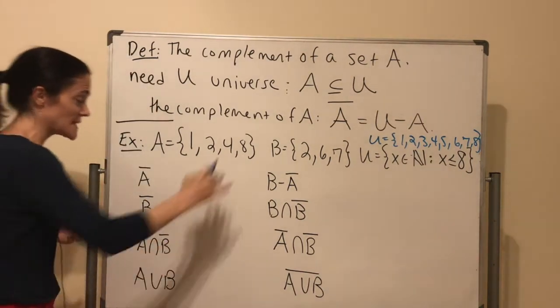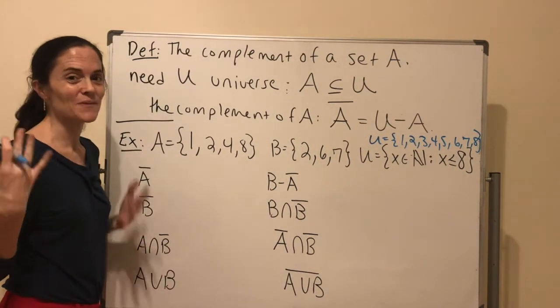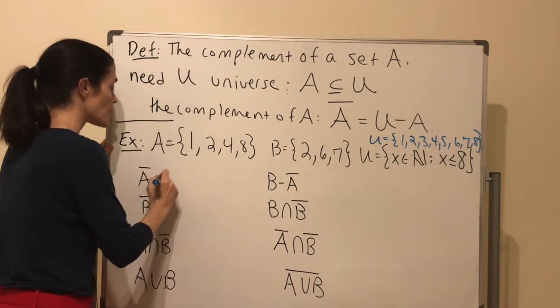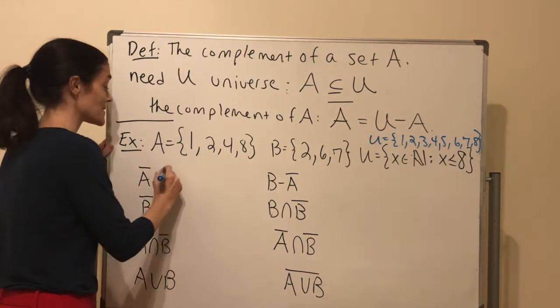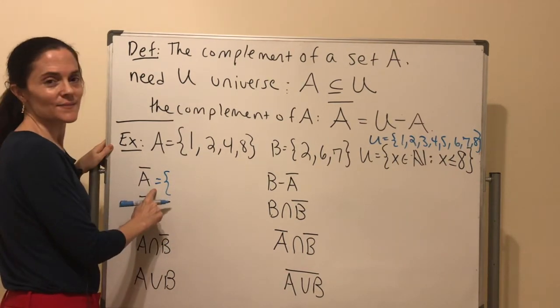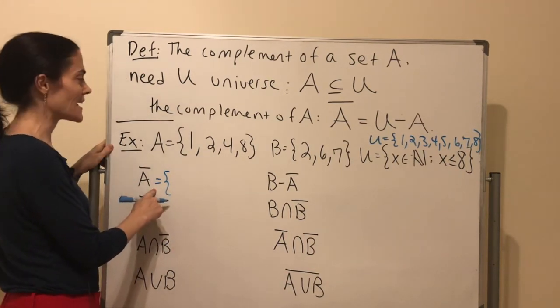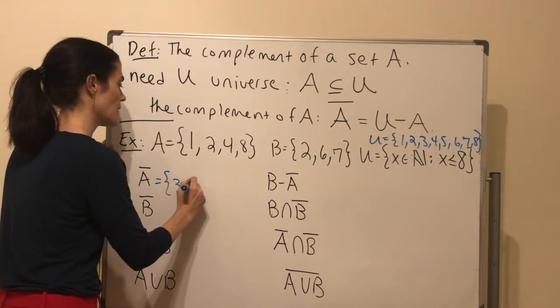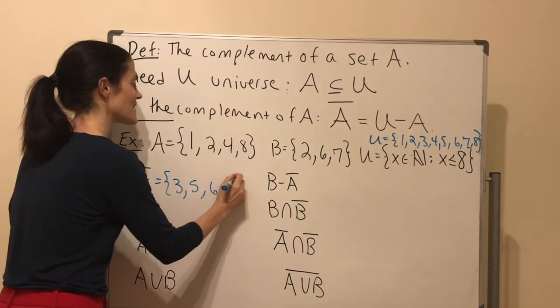Now we have these 8 different sets we will calculate. We start off with 2 complements, the complement of A and the complement of B. A complement is everything that is not in A, which would be 3, 5, 6, and 7.